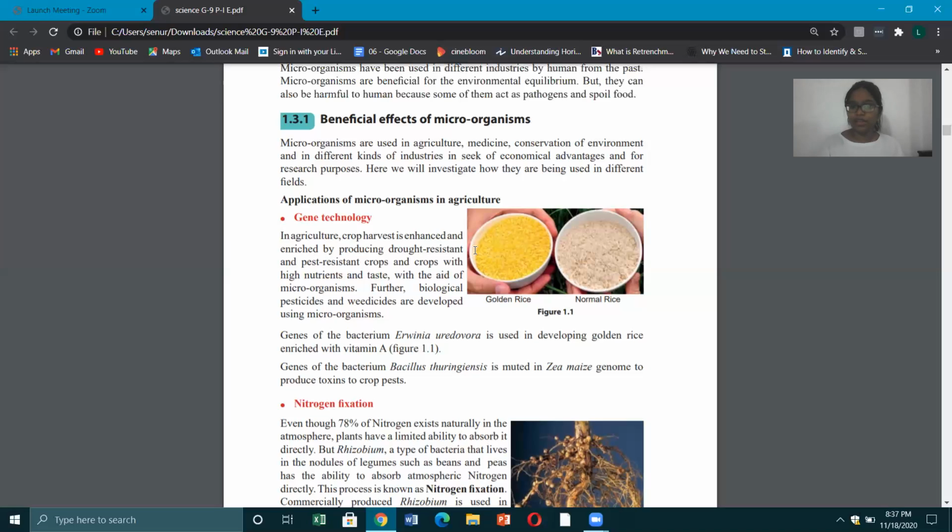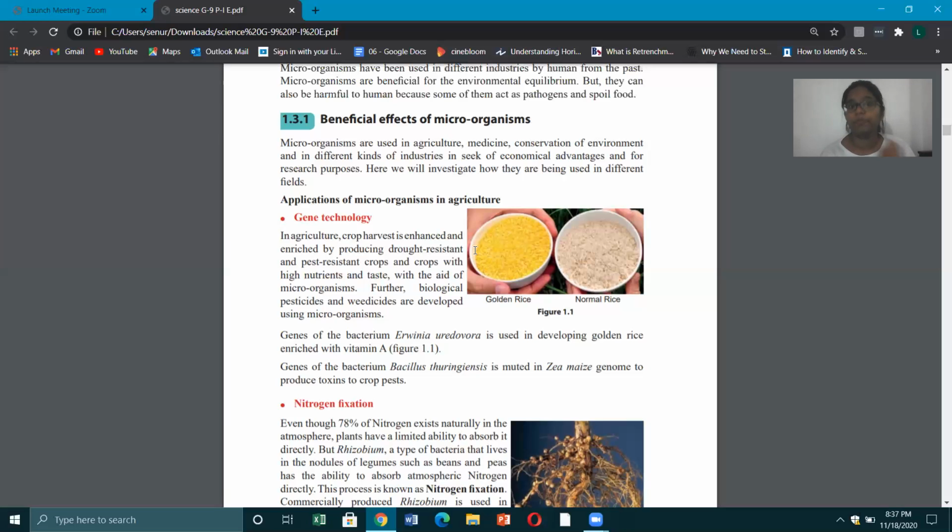And pest resistant crops. These crops can resist pests, so just because of pests, those crops won't die. Also with the use of microorganisms, we can make crops with high nutrients. Microorganisms are used, and you can increase the taste as well.